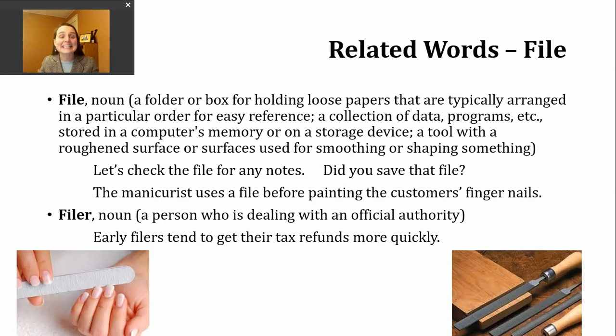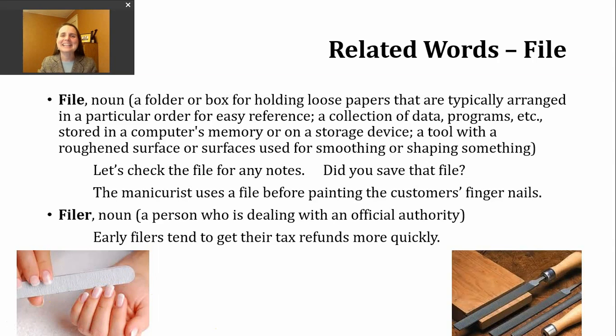Here is an example sentence now with the noun file. The manicurist uses a file before painting the customer's fingernails. So again, this particular usage of file would probably be this. We would hope nobody's going to use one of these on someone's fingernails. That would hurt a great deal.